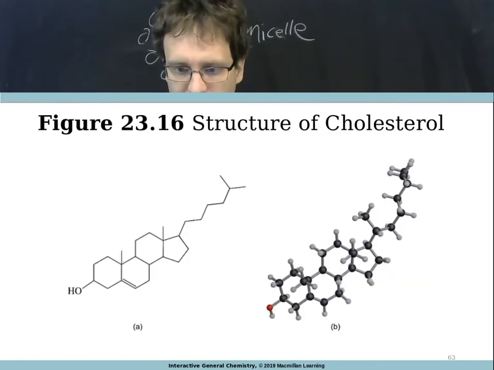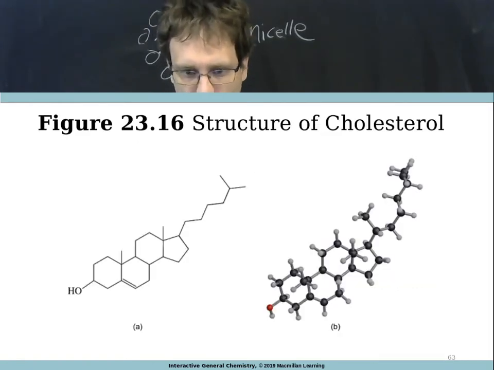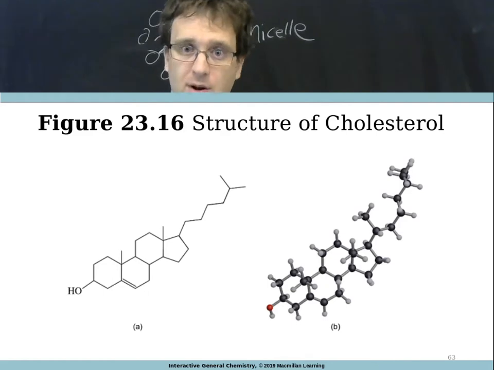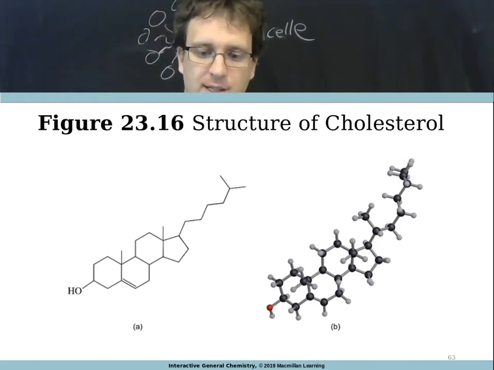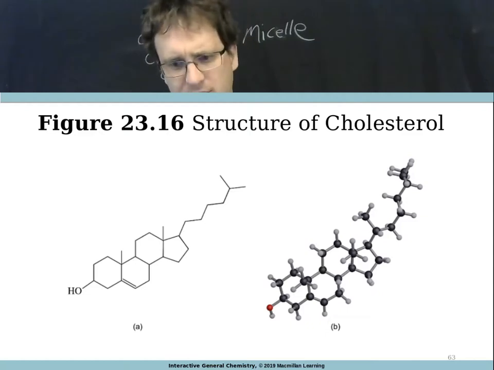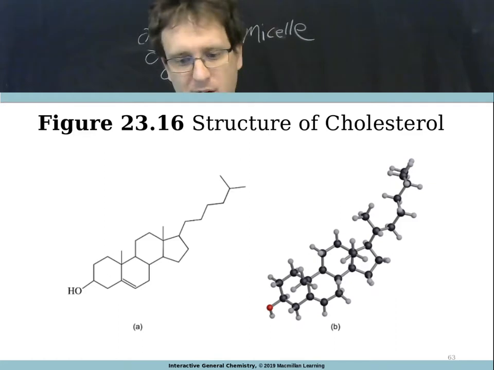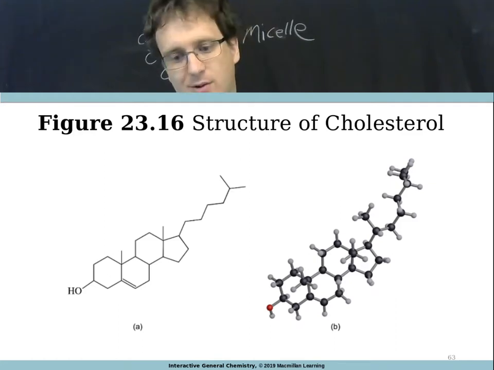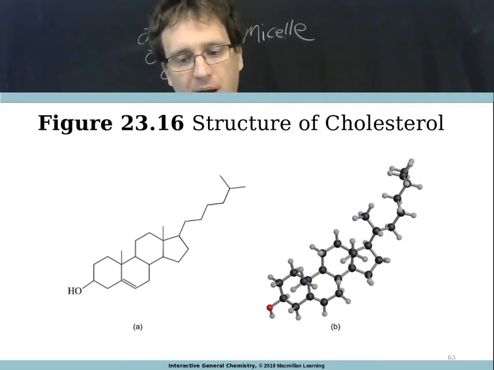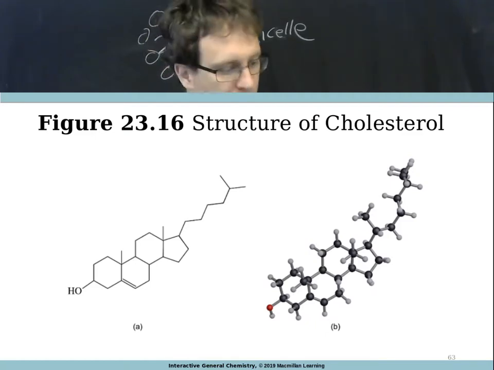So if we go to the next page here, we can see cholesterol. Cholesterol is a steroid, and you see down there at the bottom it has that steroid nucleus. So there's an OH group on the left, there's that kind of a longish tail on the right, and there's a double bond and a couple little things, but you can see those 3 cyclohexanes and 1 cyclopentane that make up the steroid nucleus.